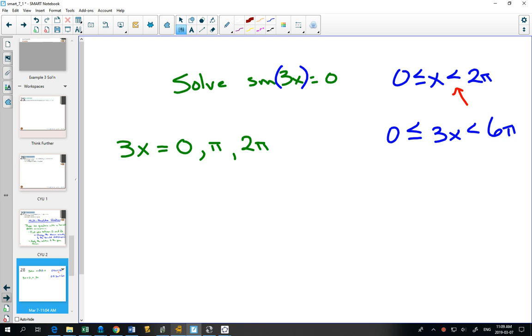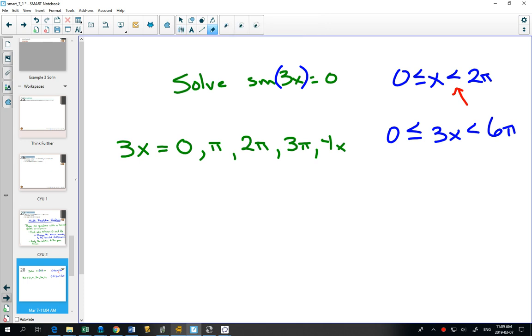But we don't just go once around the circle for 3x. For 3x, we go up to 6 pi. So then the second time around, can you see that you would also have 3 pi and 4 pi? And the third time around, you would hit 5 pi and 6 pi.